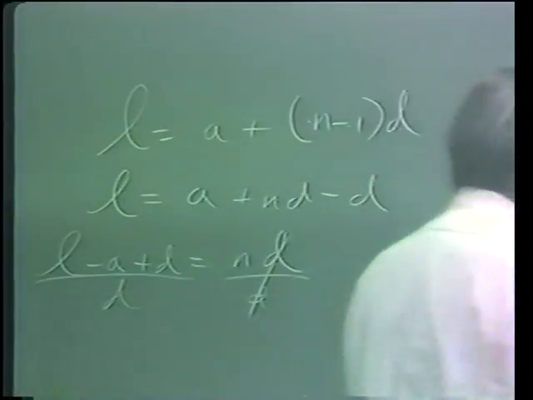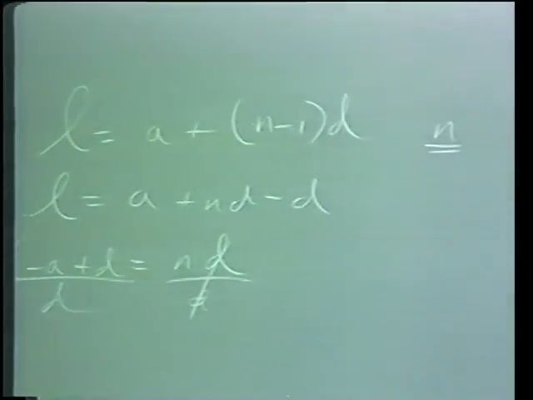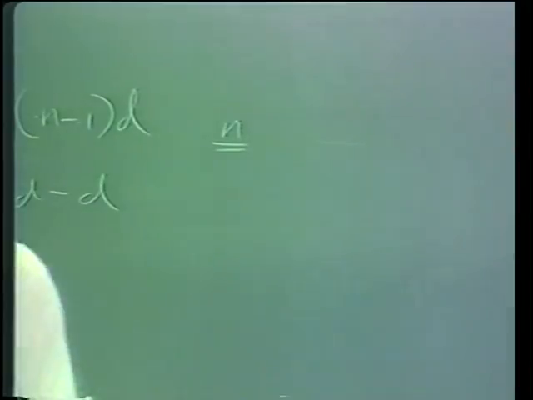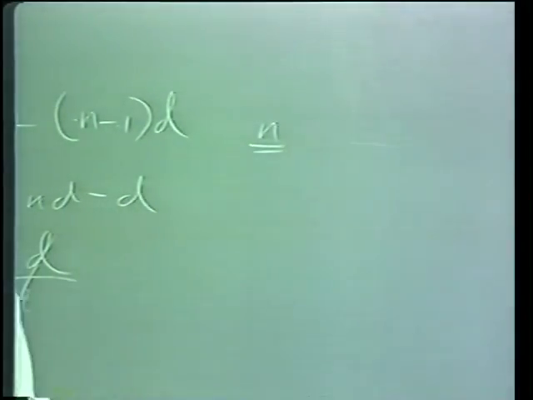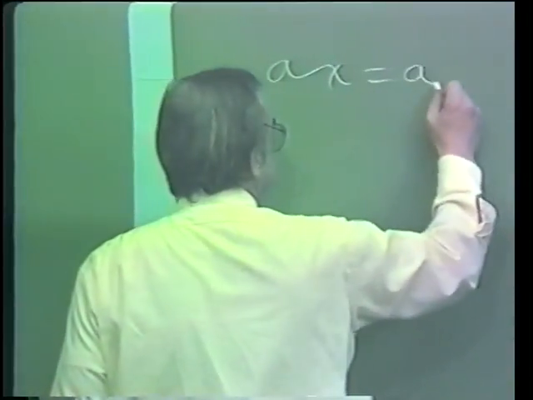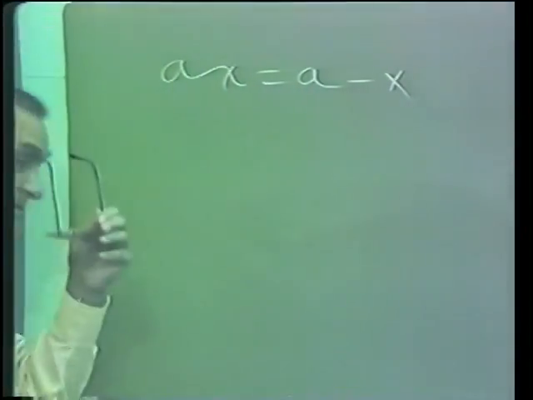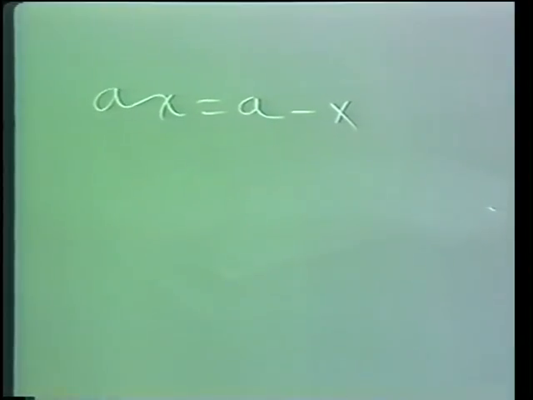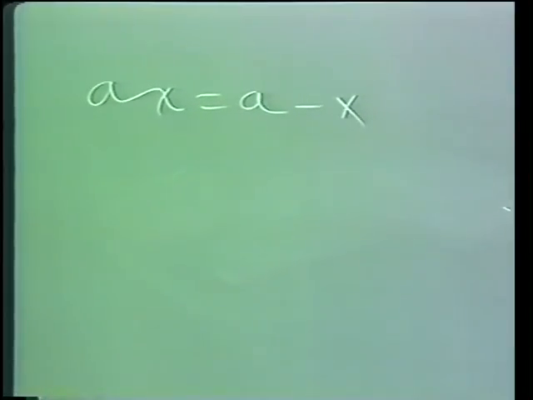Okay. Number 11, we have ax equals a minus x. I must have copied the wrong problem. I have a fraction: c minus 2y over b equals a.